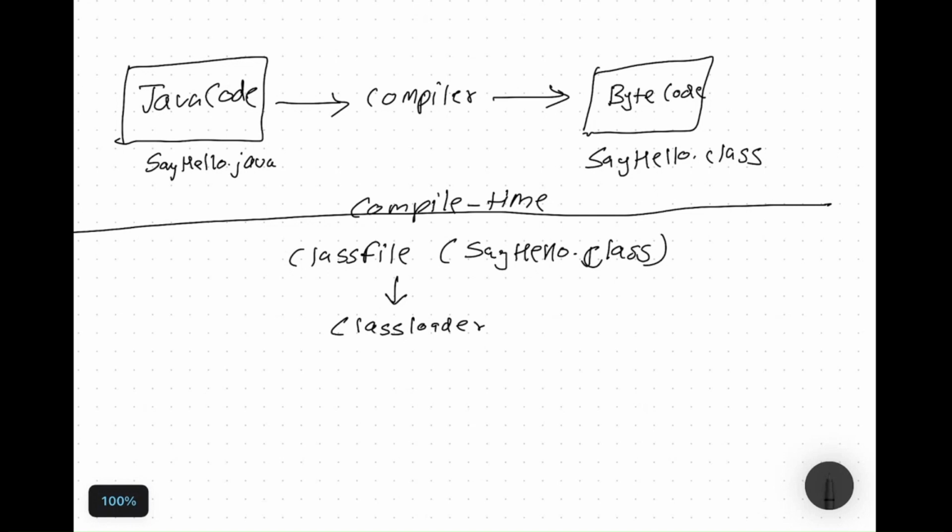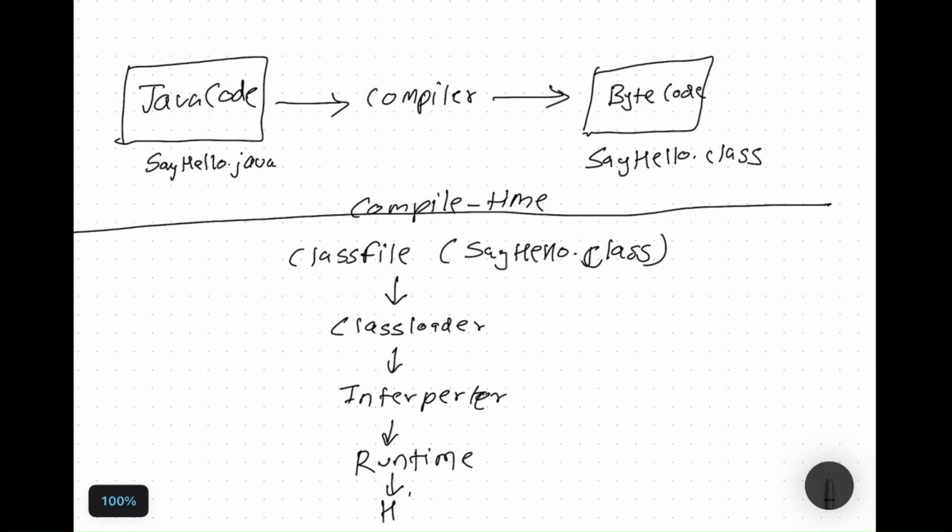After verifying the bytecodes, this goes through the interpreter. As I've already mentioned, Java is an interpreted language. So it goes through the interpreter, and line by line everything will be checked. Then it goes to runtime and the program will be run there.